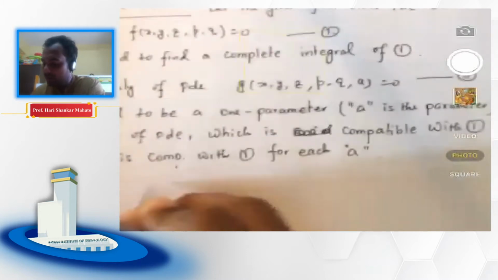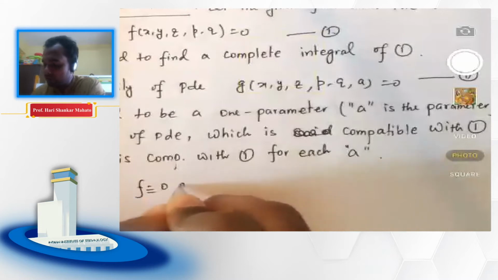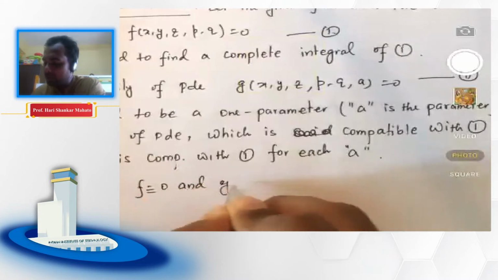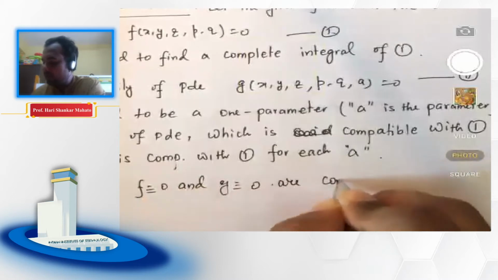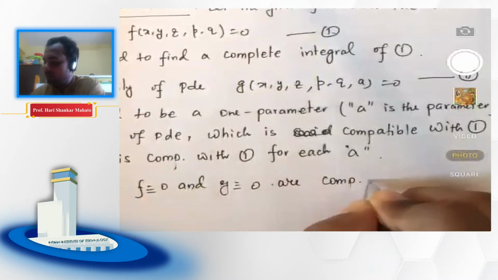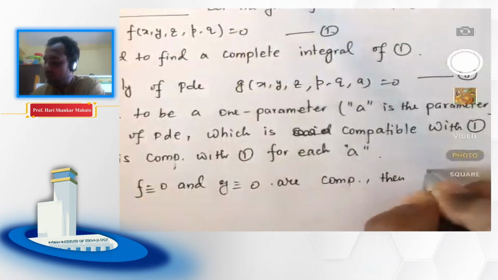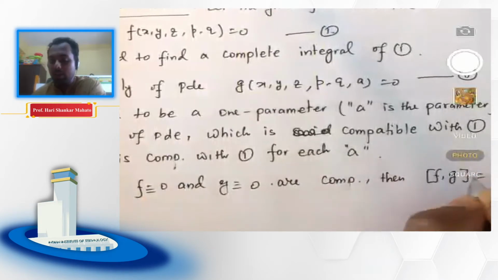Since we have f equals to 0 and g equals to 0, both the given PDEs are compatible, then we know that the Jacobian of f, g equals to 0.